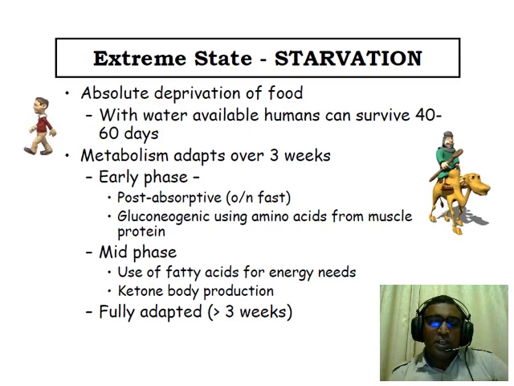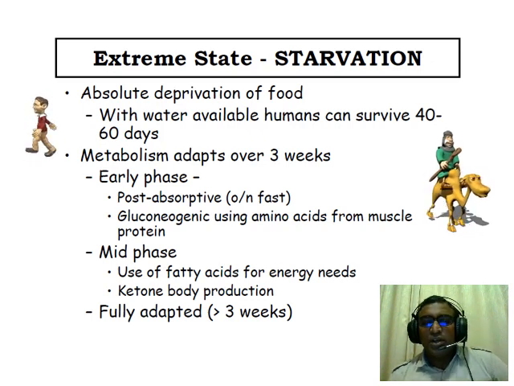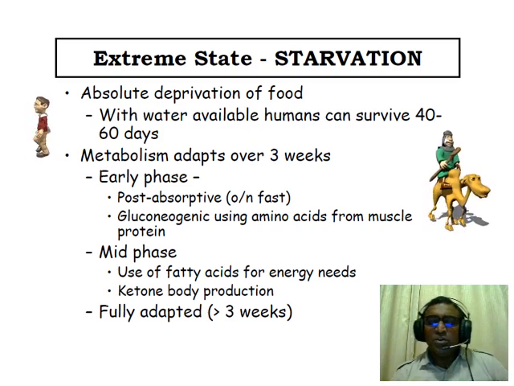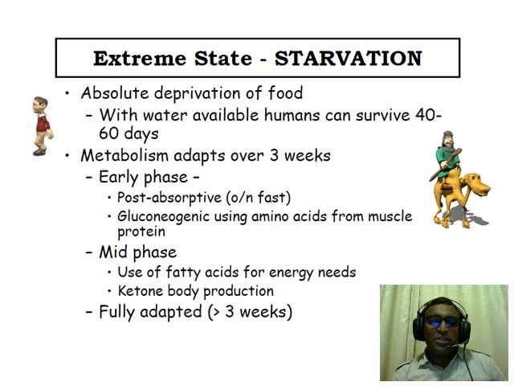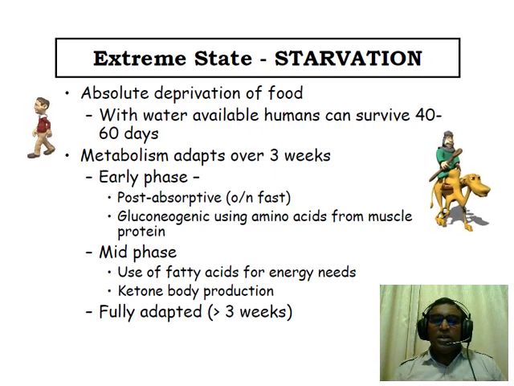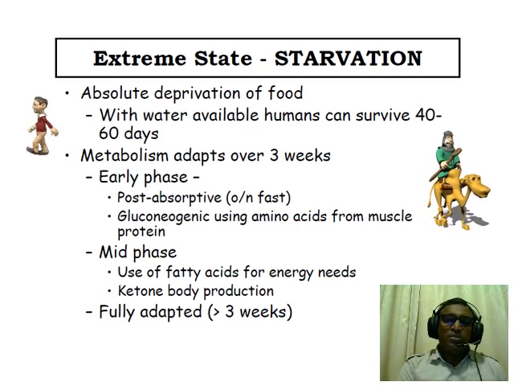In order to survive for a long duration, the body will undergo some kind of adaptation. This adaptation takes a duration of 3 weeks, or around 20 to 21 days, after the process of starvation has started.